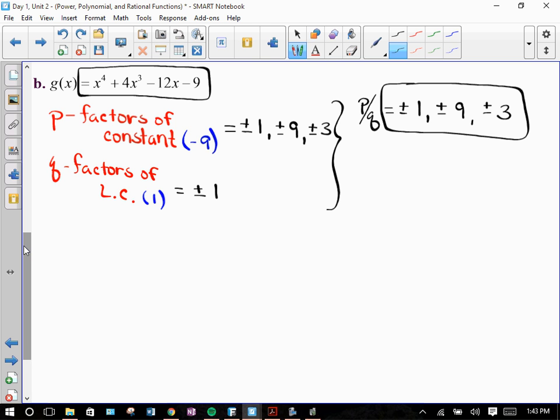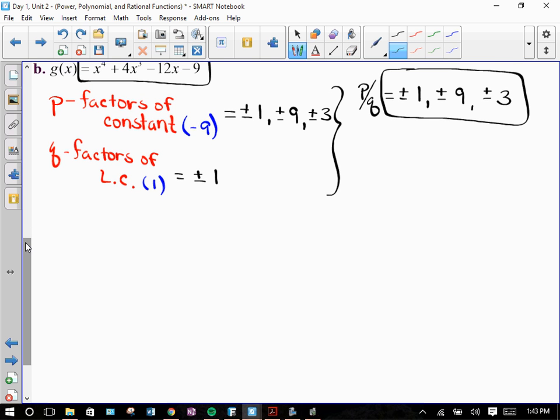Well, if positive 1 is a zero, it could be written as a factor of x minus 1. Why? Because you can say x minus 1 equals 0, add 1 to both sides, you get x equals 1. That would have been our zero.